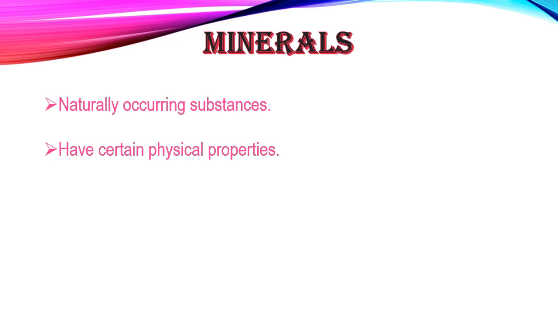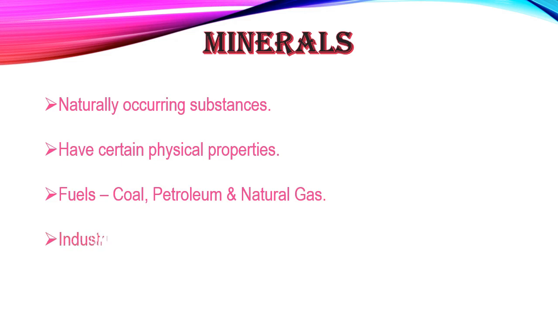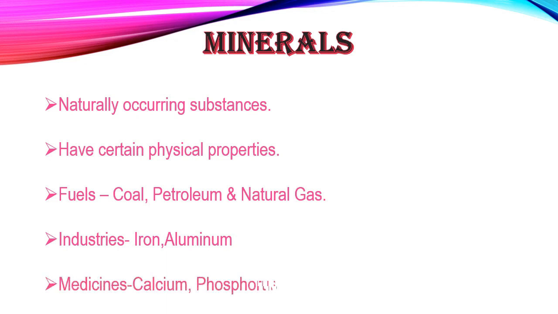For example, minerals which are used as fuels, a common example is coal, petroleum, natural gas. When I say minerals which are used in industries, it is iron, aluminium, so on and so forth.